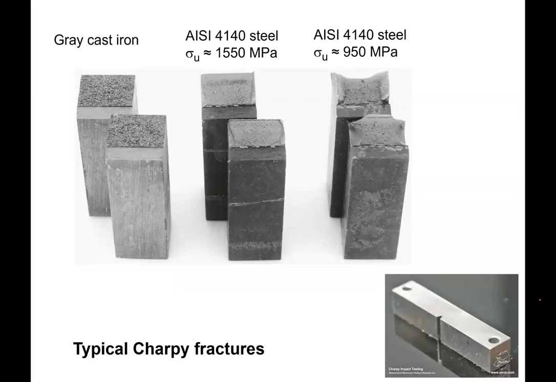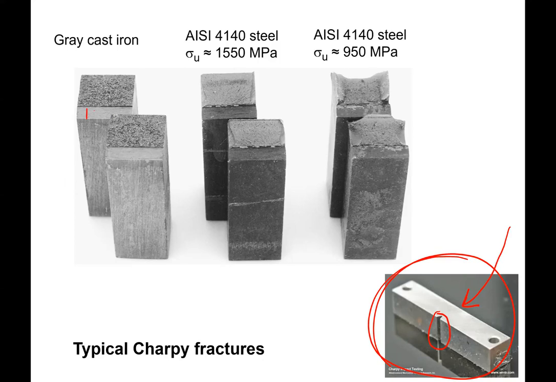So here are some examples of Charpy impact test samples after they've gone through the machine. The sample itself looks something like this here on the right, with a V-notch in the sample, and then the force comes down and hits the back of this and causes the fracture. And you can see that from the surfaces after the fracture.